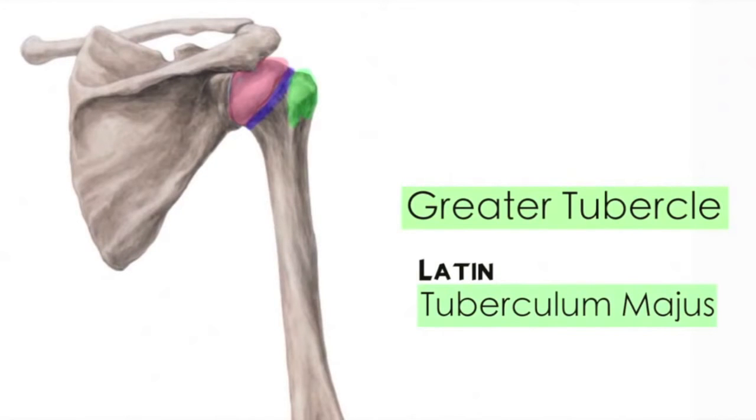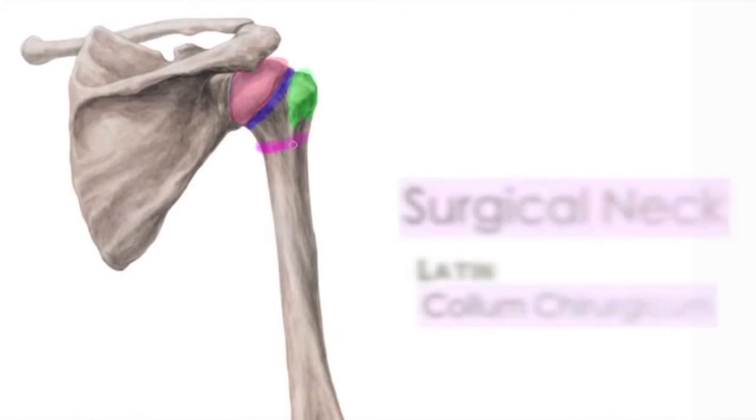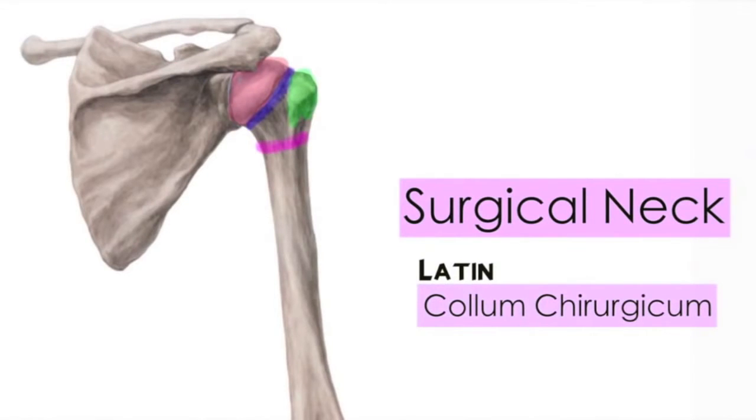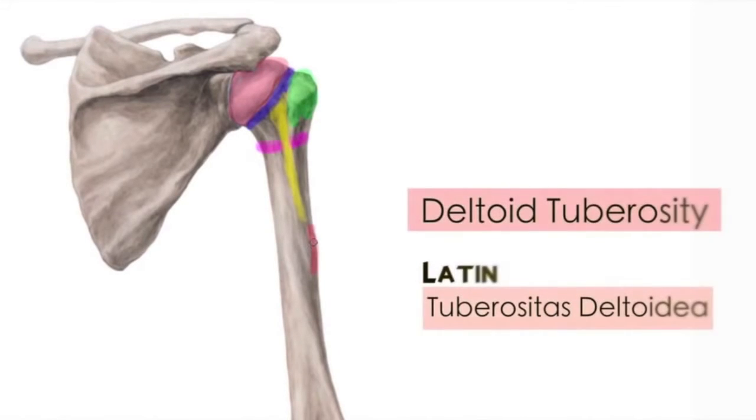Now, a bit further laterally, you're going to find the greater tubercle that you could also see on the anterior view. More distally, you're going to find another neck known as the surgical neck. And you can notice here a groove or the deltoid tuberosity here laterally, where the deltoid muscle is going to insert.